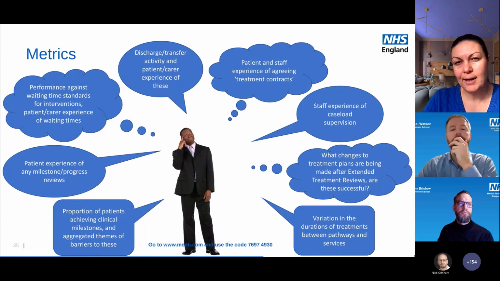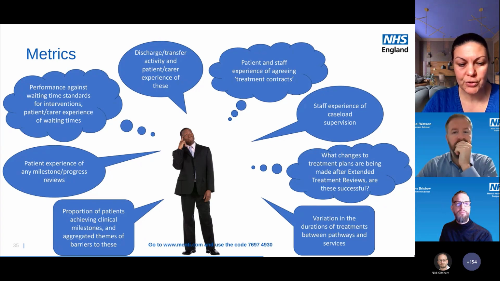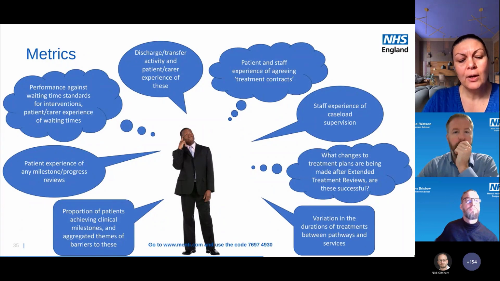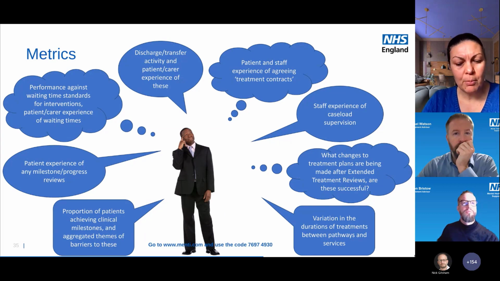And whatever it is telling us, how are we going to deploy our improvement resources towards it? Where patients are staying a long time in the pathways, what is the distribution of the numbers, in demographic and clinical terms? What is being offered? Is it equitable? Do we need to do anything about that?